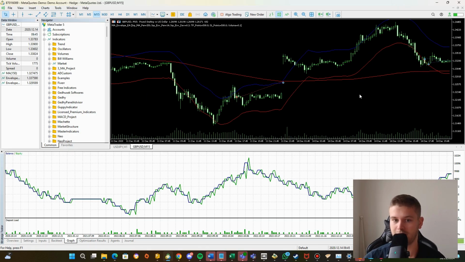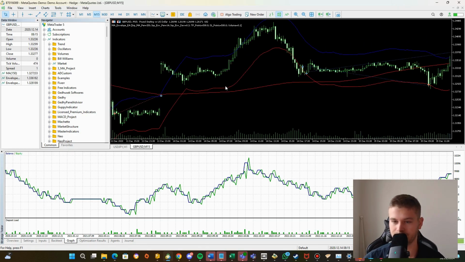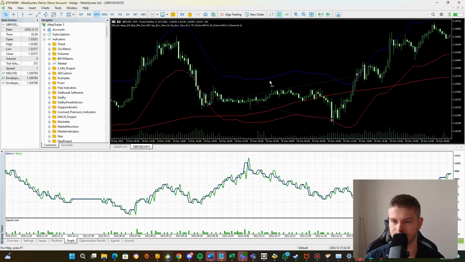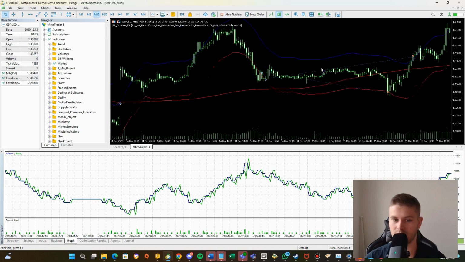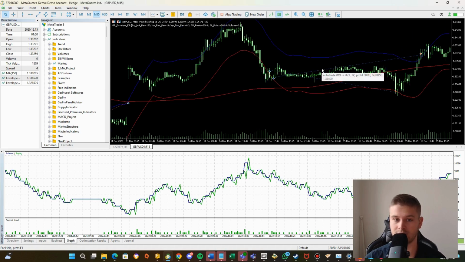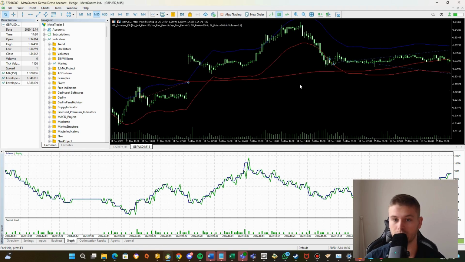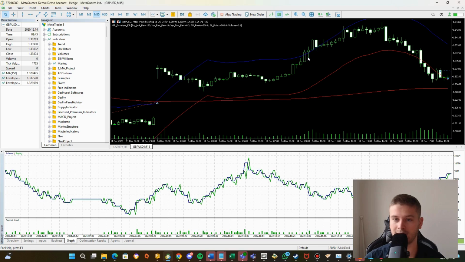So the second thing I could also do is basically trade the break of the higher and lower envelope. So for buy positions, we can see that when the trend is very, very aggressive, the price goes above the higher envelope, for example, here.